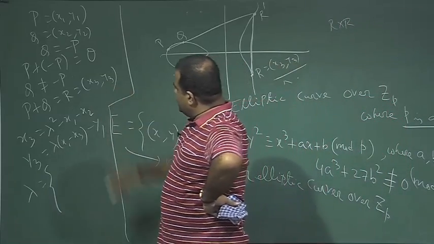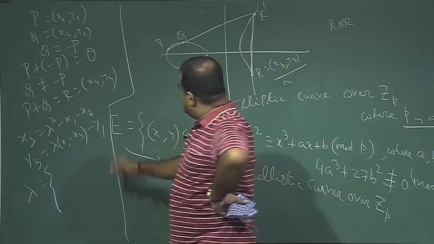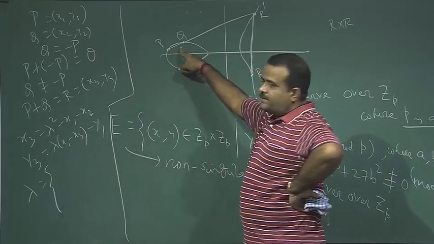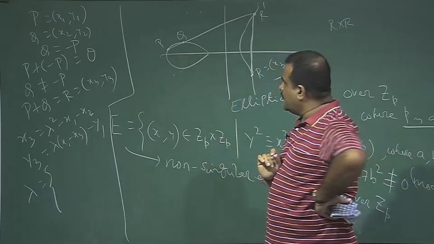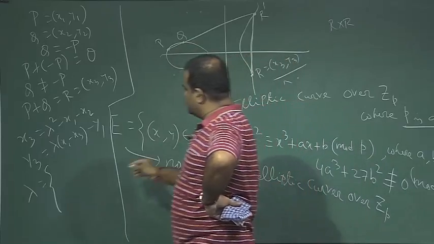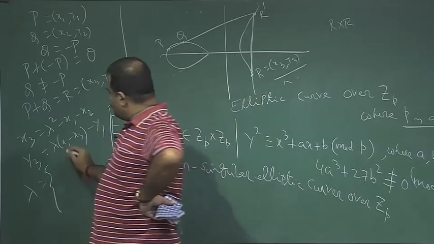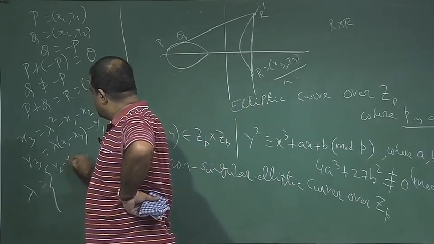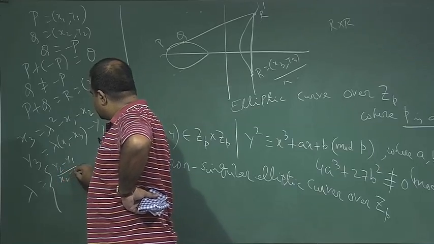So if P is not equal to Q, if they are different points, then this is a chord, and the slope of this is (y2 minus y1) by (x2 minus x1).